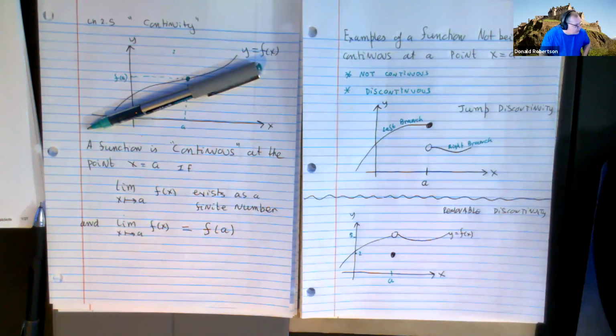I'm seeing whether they call it a vertical or an infinite discontinuity. I want to use the same terms that this textbook uses, if I can. You never find things when you want them.